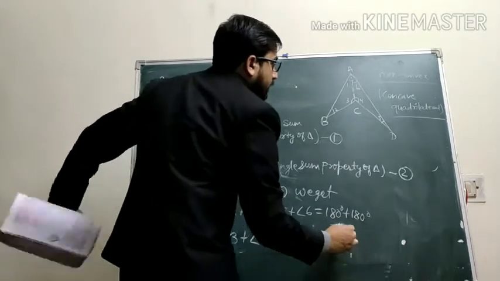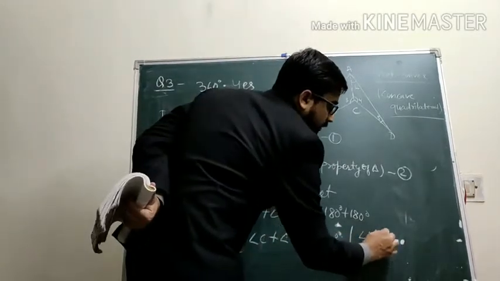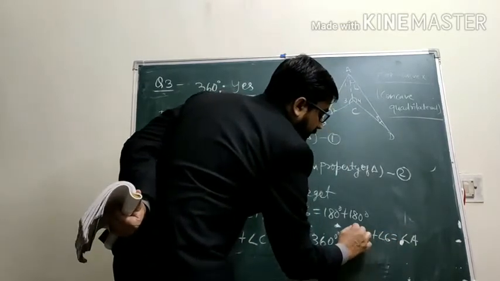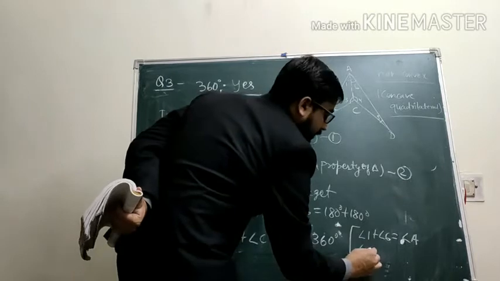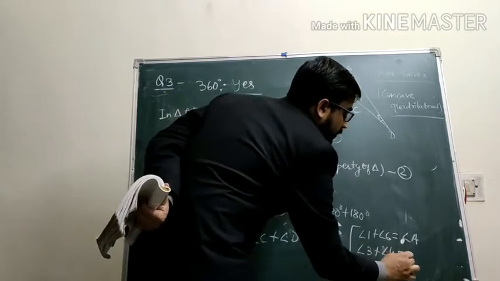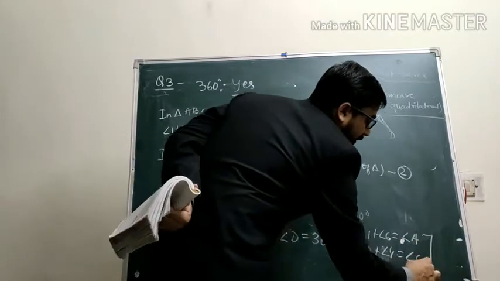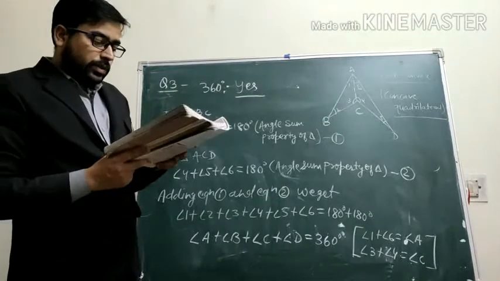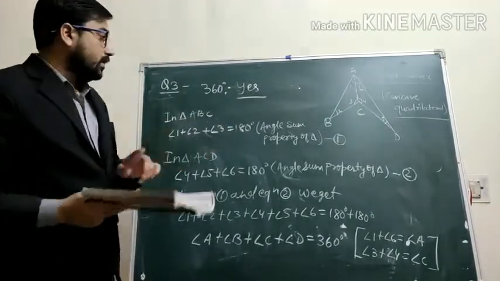And right here, angle 1 plus angle 6 is equals to angle A and angle 3 plus angle 4 is equals to angle C. Now question is, what is the sum of the measure of angle of convex quadrilateral?